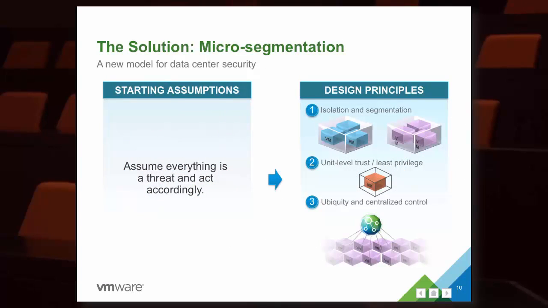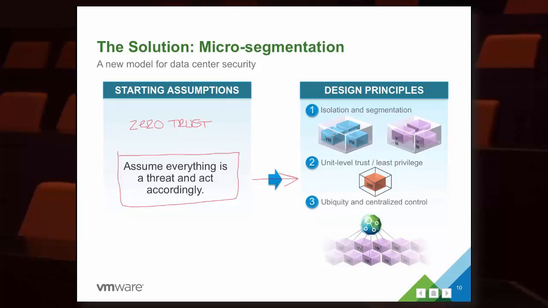Micro-segmentation does something that is super important. It assumes that everything is a threat. So this is the idea of zero trust. And zero trust is really what the new networking and security paradigms are about. And it takes all of this and moves it into clear design principles.